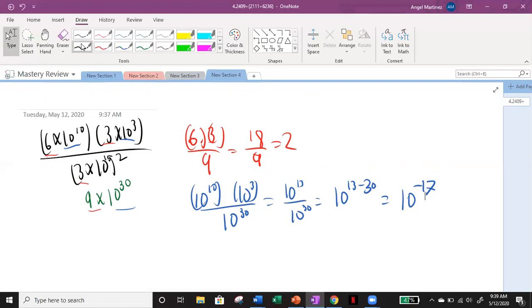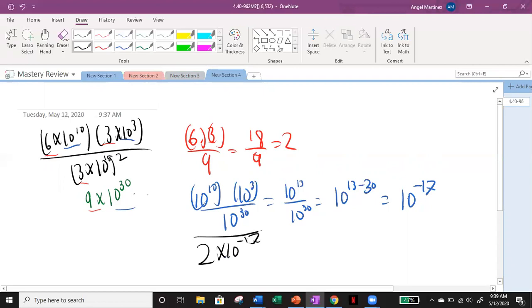So like last time, we just combine these two. So this answer would be 2 times 10 to the negative 17. So you can see that adding the exponent changes the answer a lot. So that's how you do it with all 3 of the things: multiplying, division, and exponents.